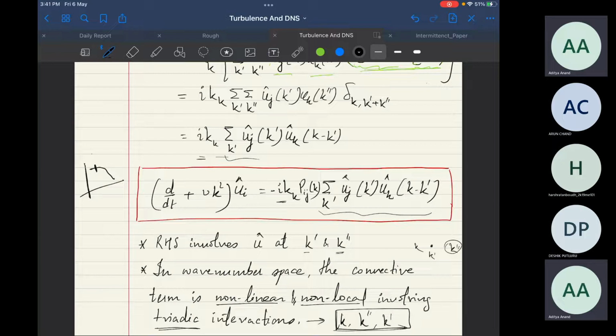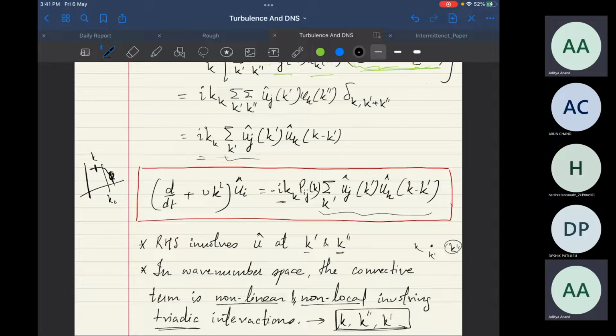This k might be interacting with some wave number here, but if you cut off your simulation at this kc, these interactions are not accounted for. So these have to be modeled, and these models have to include these triadic interaction terms. These are studied as well in research problems.